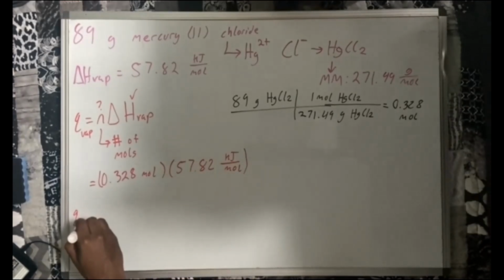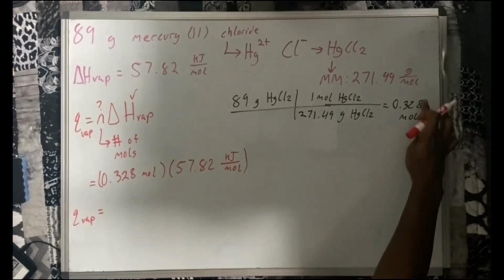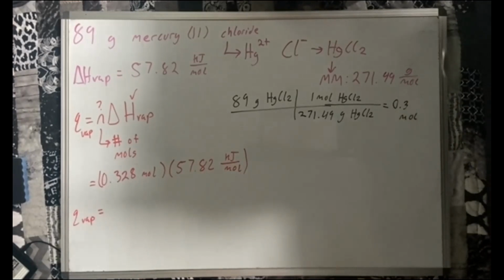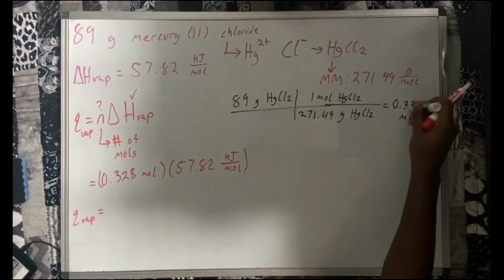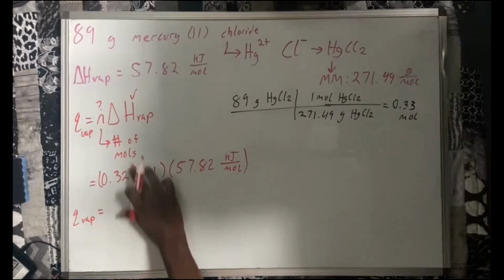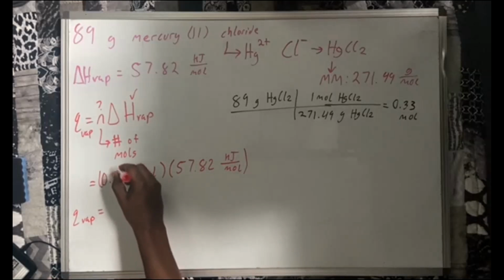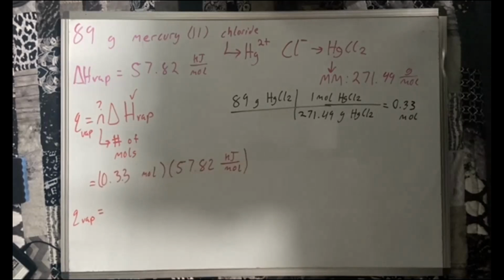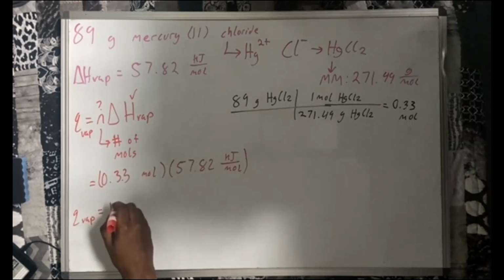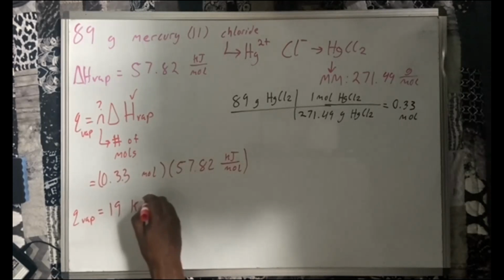So Q vap is going to be, I guess I should be politically correct, let's do 33 right there, 33 because I went 2 sig figs. Well, there I wanted 2, so here I also want 2. 19 kilojoules, and that is our answer.